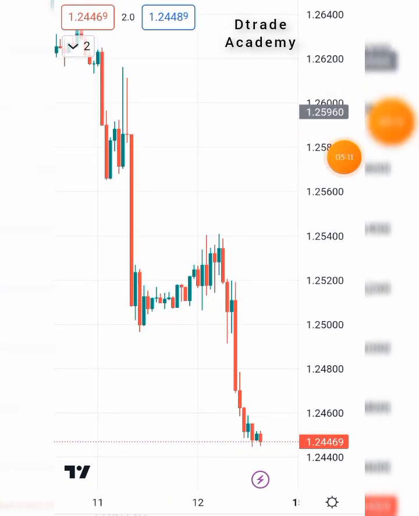Now, where do we have the next break of structure? You can see we have the next break of structure here using smart money concept, breaking this low. Where is the last momentum candle that was responsible for breaking this low?